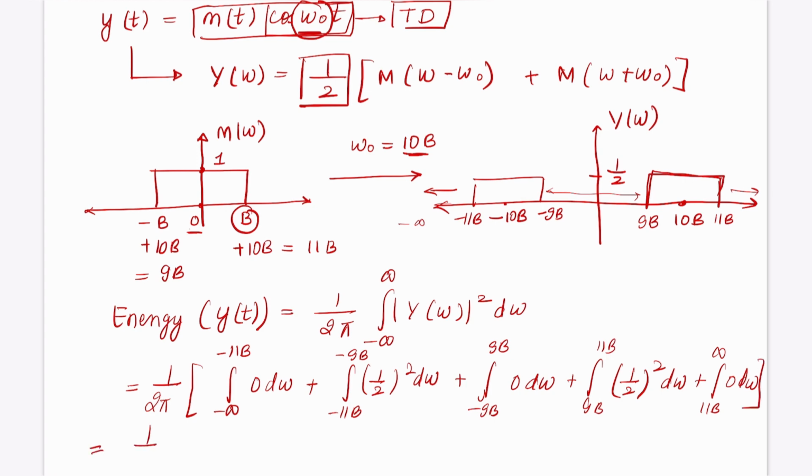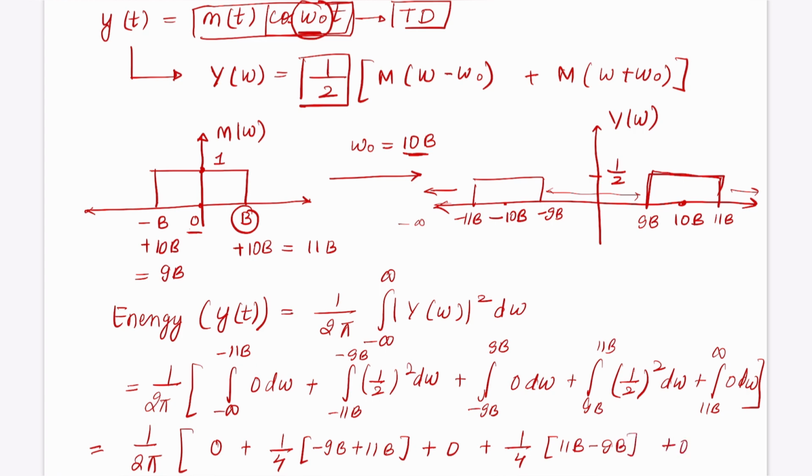So if we solve this, this is 0. This is half square, that will become 1 by 4, and this value will become minus 9B plus 11B. This is again 0, 1 by 4, 11B minus 9B, plus 0.